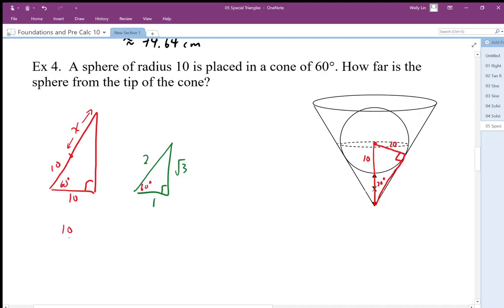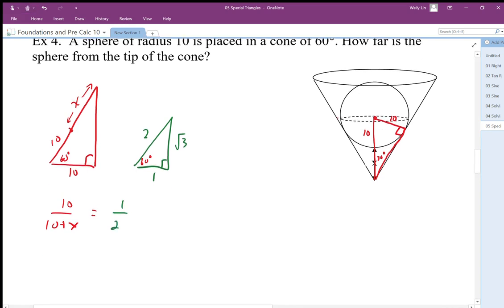My adjacent to 60 degrees over 10 plus x is equal to the adjacent to the 60 degrees in green, 1 over 2. Solving this algebraically, we get 20 equals 10 plus x, and then x is equal to 10. And again, if we're really familiar with our 30-60 triangle, we would know that that length is double the length of the hypotenuse, and that length there represents the hypotenuse length.